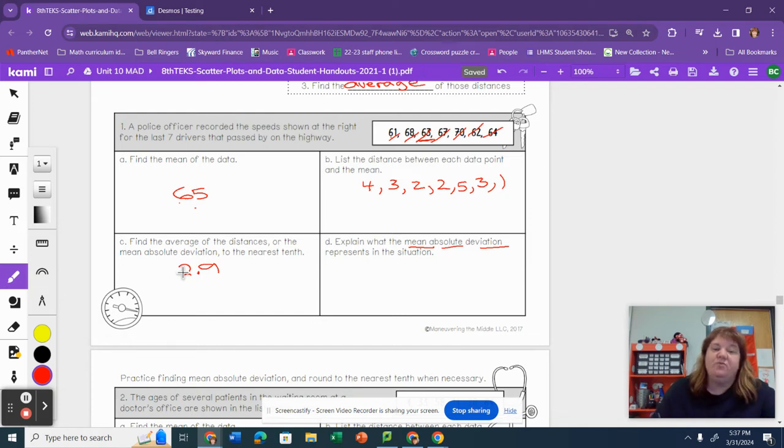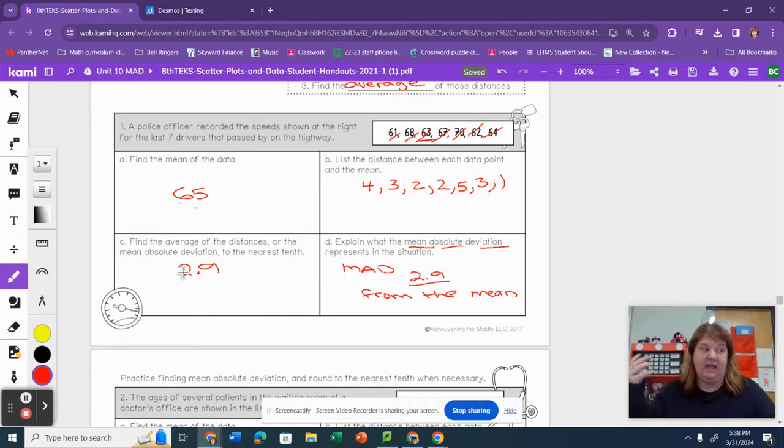So the mean absolute deviation is 2.9 from the mean. So they're either 2.9 less or 2.9 more. The speed from the mean is 2.9. That's our spread. So that's as hard as it gets.